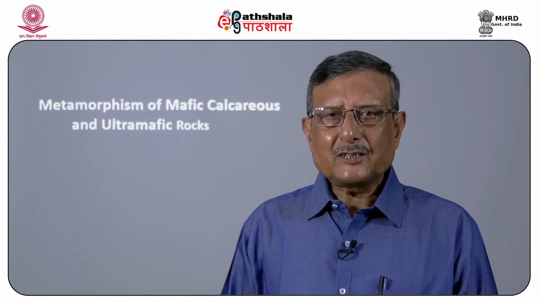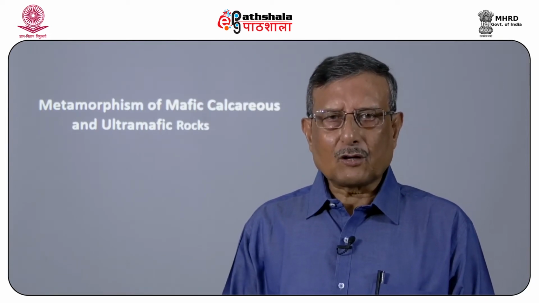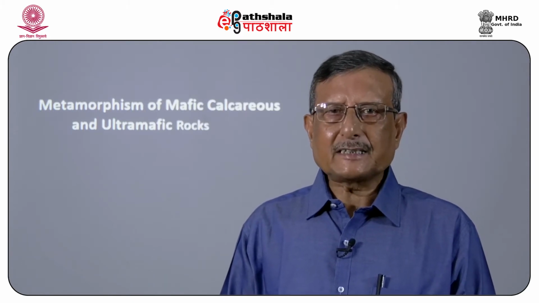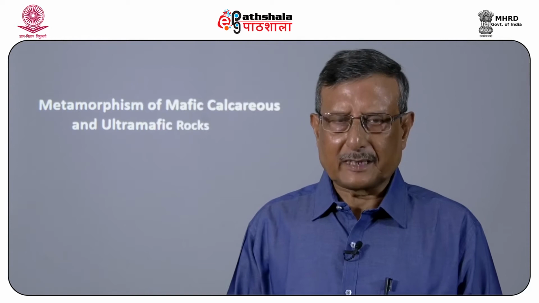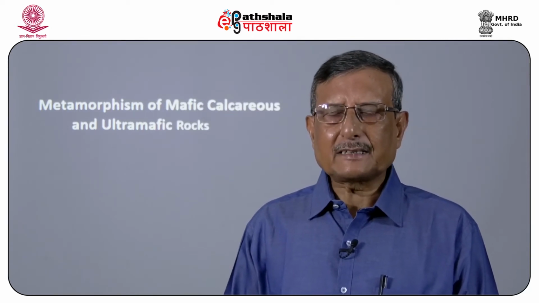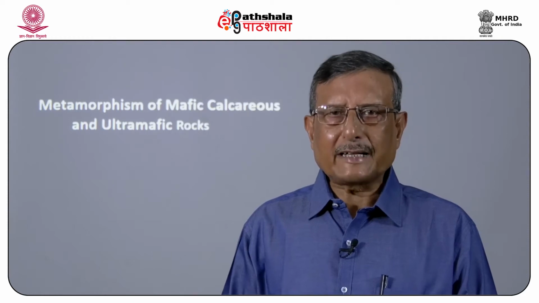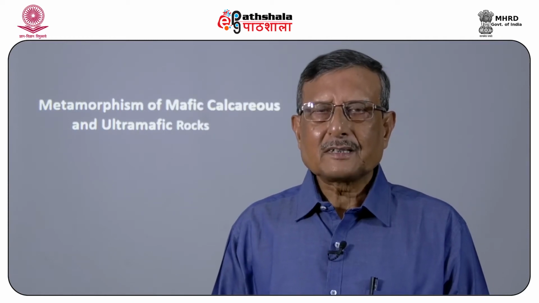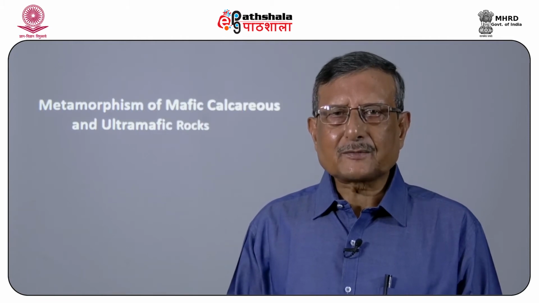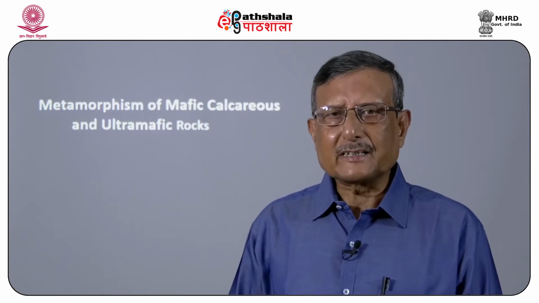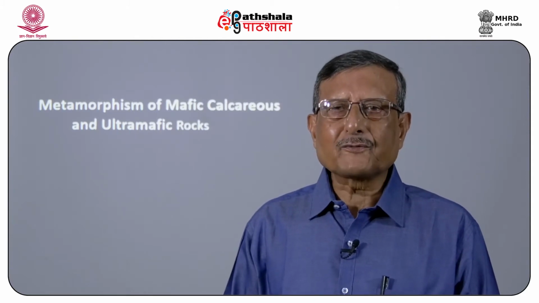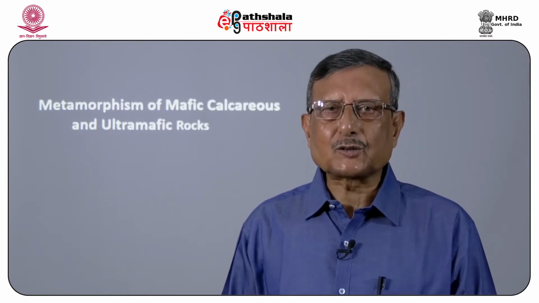Now, plagioclase is albite, almost nearly pure albite, that is to say it is not a calcic plagioclase, and epidote, actinolite, chlorite, all are green minerals, as a result of which these greenschist facies metamorphosed mafic igneous rocks are dark green in color, and that is why they are often referred to as greenstones.